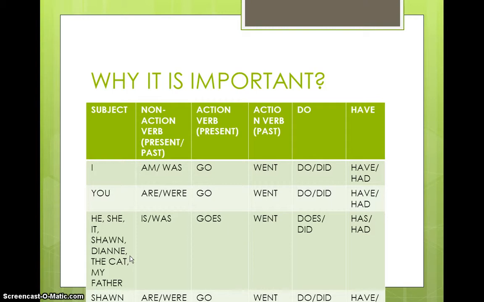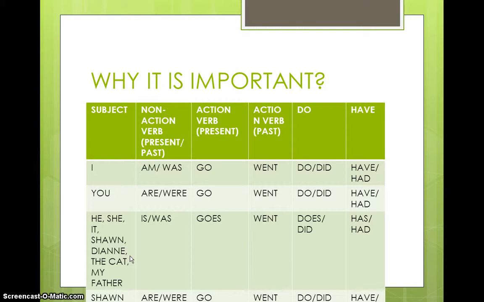And for action verb past, you use went. So if you look at the table, you realize that actually when you change it into past tense, it looks similar, except for non-action verb in the present and also action verb present.